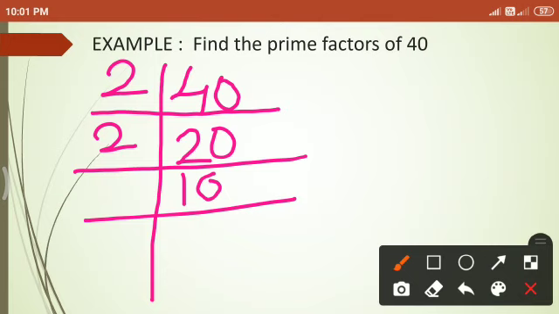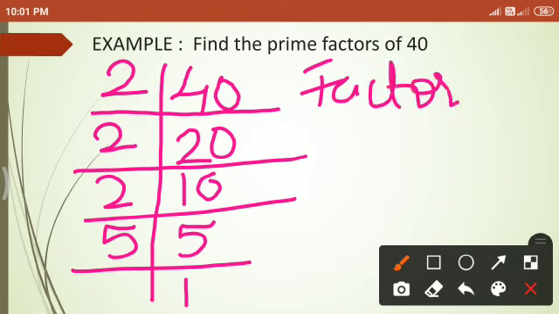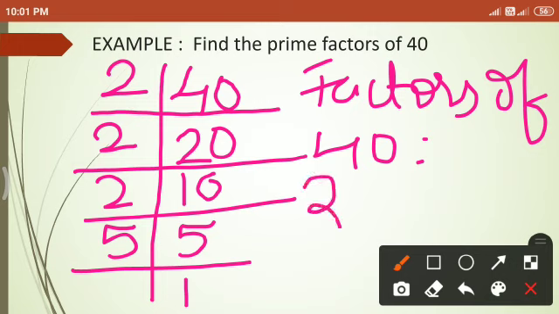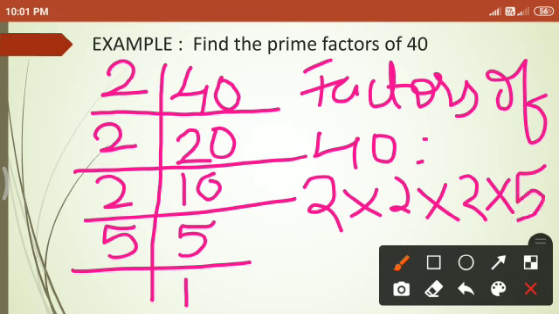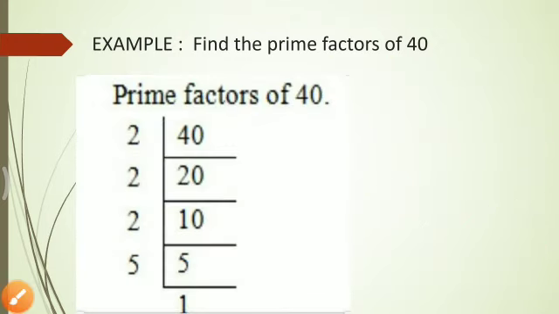Now 10 is divisible by again 2, that is 2 5s are 10, and 5 is divisible by itself, 5 1s are 5. So what are the factors of 40? Factor of 40 is 2 into 2 into 2 into 5. Clear everyone? Like this you have to find out the factors. See the prime factors of 40.